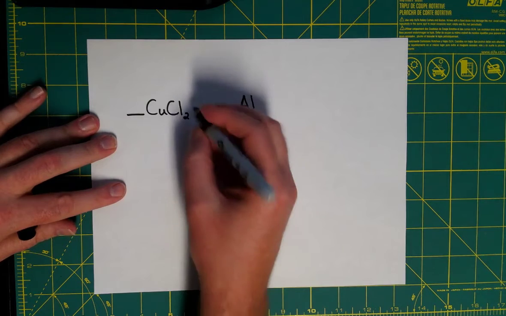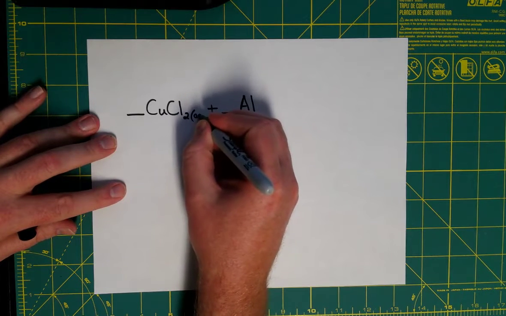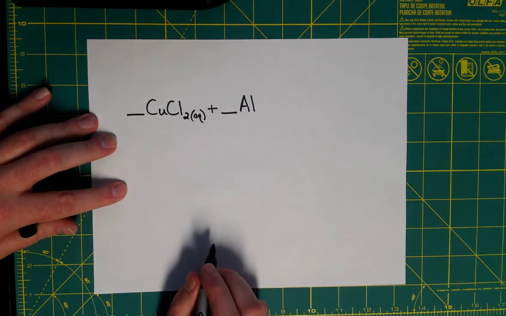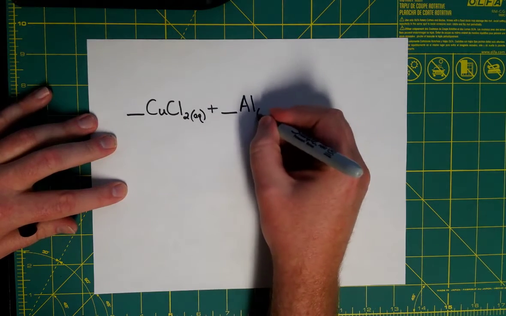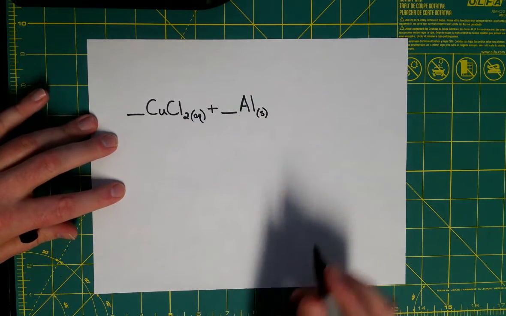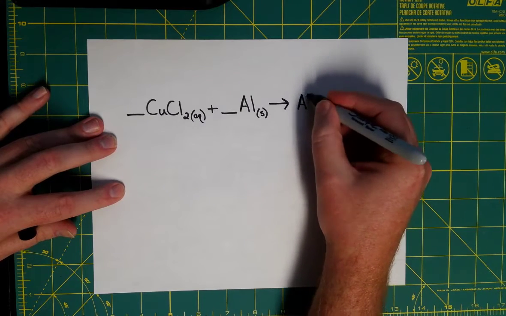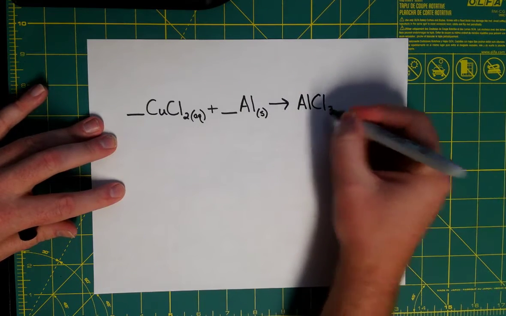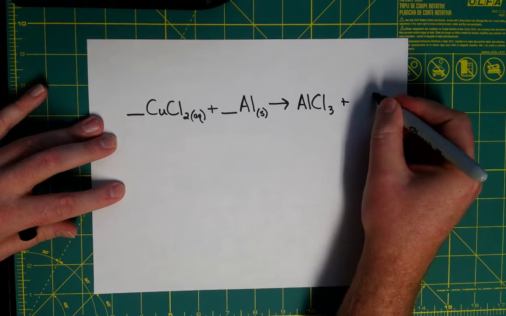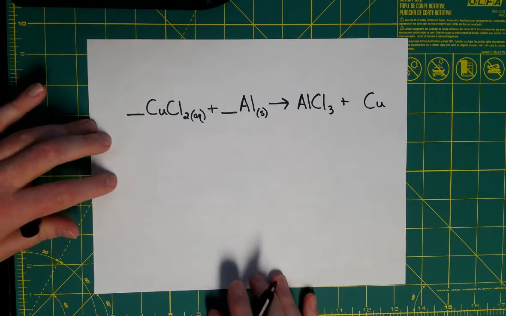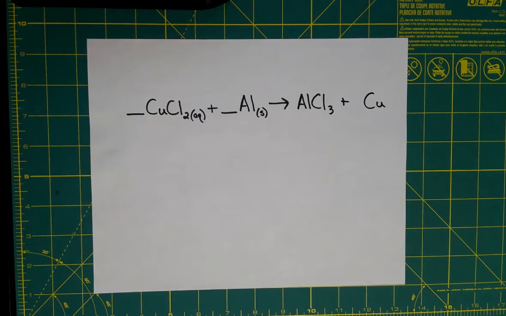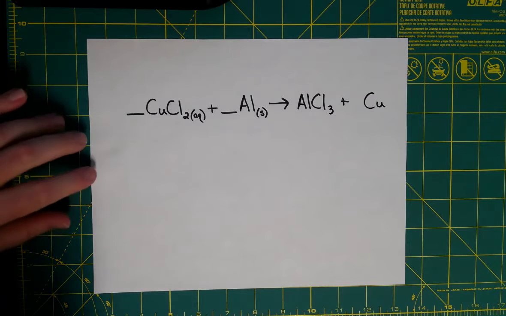So copper 2 chloride is going to be in what we call an aqueous solution, so that's going to be dissolved in water. The aluminum is going to be a solid piece of aluminum, and that's going to end up creating AlCl3 plus Cu.